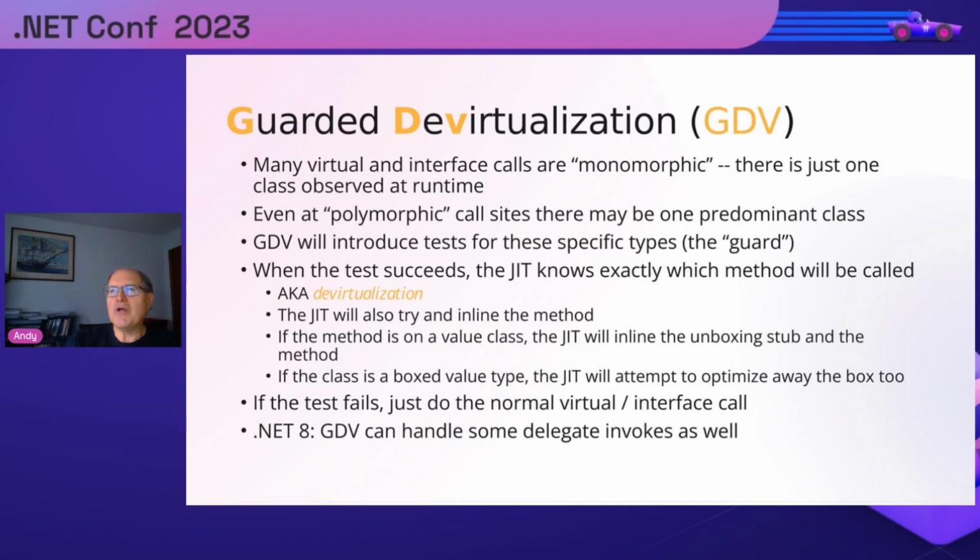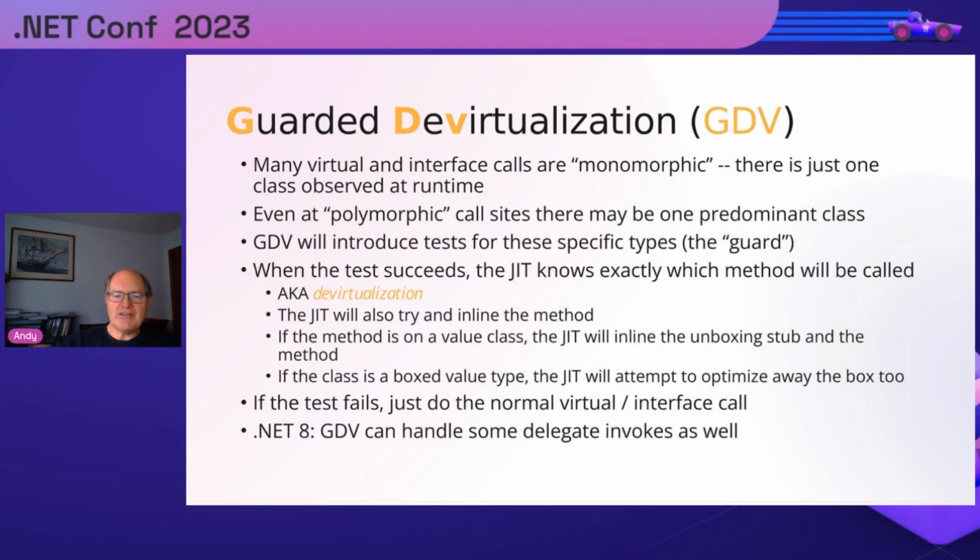And so the way that we describe this in the optimization literature is we say that your virtual and interface calls are monomorphic. There's just one thing that actually happens at one time, or one common thing that happens at runtime, even though the code itself has the potential to have many different things happen. And so what we do in these cases is we observe the behavior of your application.